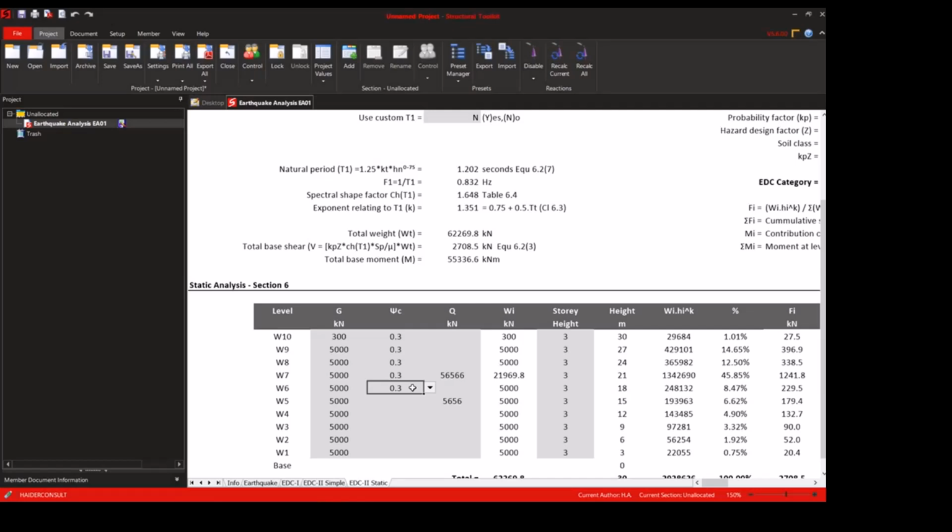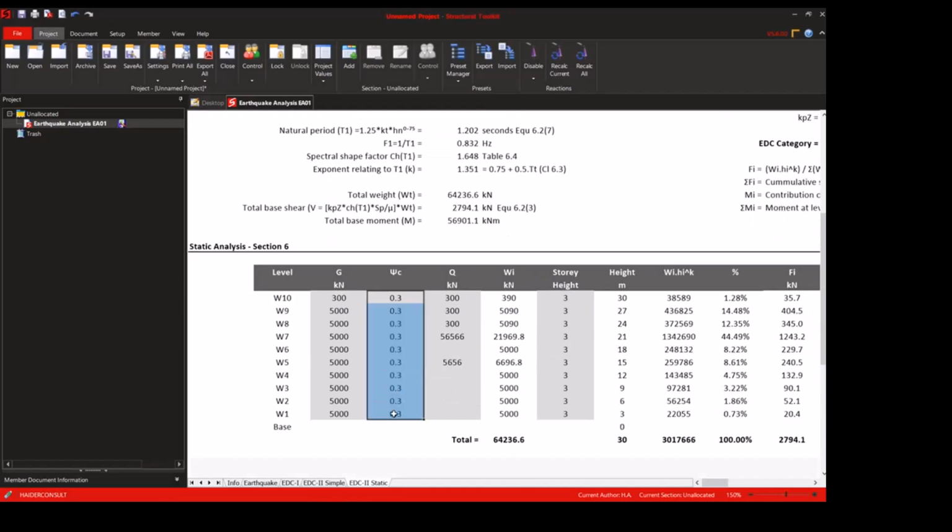Houses are not fully packed with people. It's not like a hospital or a shopping center. So if you took 0.6, it's full mark. If you took 0.3, it's full mark. If you want to know more about those parameters, go and look at the standard and ask me if you want any help, but it doesn't matter for me. Usually for residential buildings, we can go with 0.3.